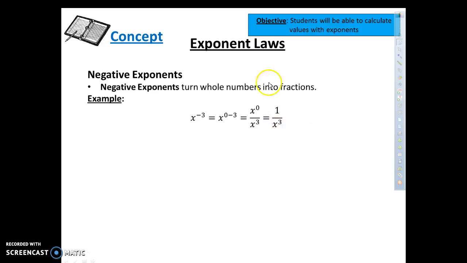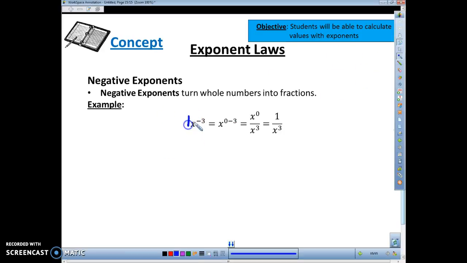Do you agree? So if I ever have a negative exponent, it's going to turn the whole number into a fraction. What we do is we take the base and the exponent and put it in the denominator, and the numerator is 1 if you have a coefficient of 1. The coefficient here in front of this x is 1, so the 1 stays up here.